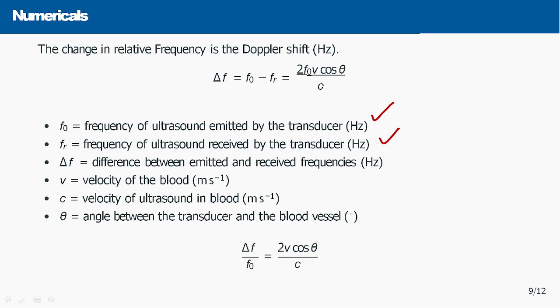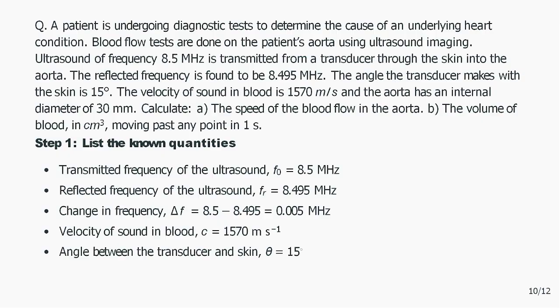Now we will see one example using this formula. The question is, a patient is undergoing a diagnostic test to determine the cause of an underlying heart condition. Blood flow tests are done on the patient's aorta using ultrasound imaging. Ultrasound of frequency 8.5 MHz is transmitted from a transducer through the skin into the aorta.